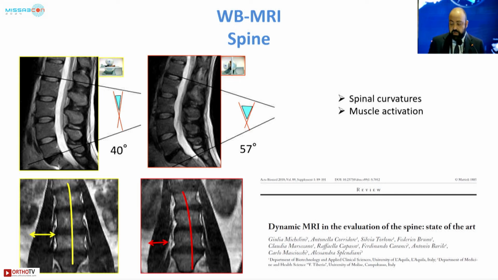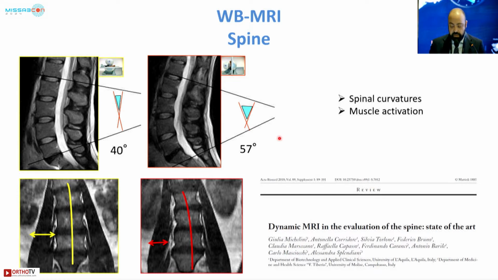There are also modifications of the spinal curvature that are very important, as well as modifications of the spinal muscles that reflect the muscle activation of the spine. We know that trophism and activation of the paraspinal muscles is an important factor for low back pain, although the role is still to be clarified. However, atrophy and asymmetry of muscle activation can accompany several lumbar pathologies.